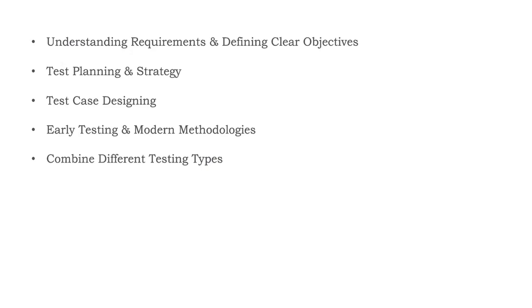Combine different testing types. What this means is, if you are testing a particular application, that doesn't mean you have to test only the UI front. It is not only about the UI, right? You also have to think from the user's perspective, from the functionality, from the API testing side, or from the database side, whether it is updating properly or not, or the performance, basically performance testing you can perform.